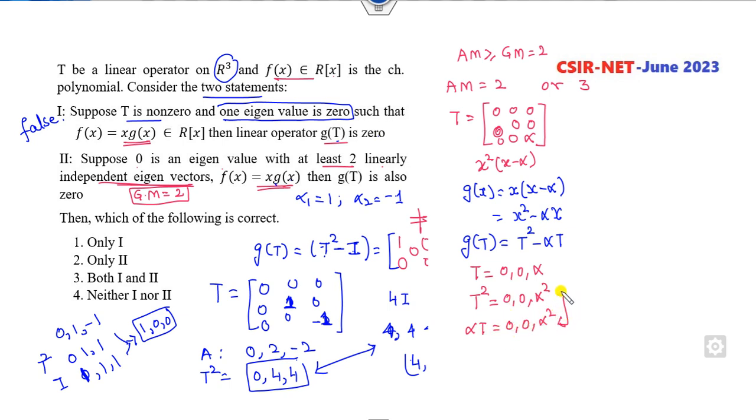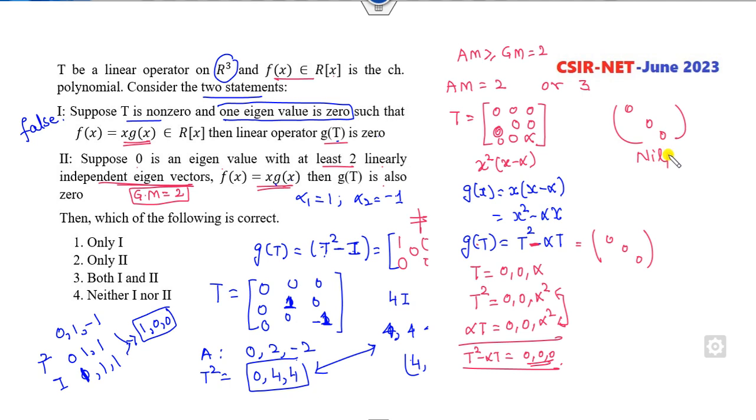Fine. Whatever the value of alpha, now you need to subtract. If I find the eigenvalue of T square minus alpha T, it is 0, 0, 0. So it means this matrix must be a 0 matrix. If all the eigenvalues are 0, what is the meaning of that?